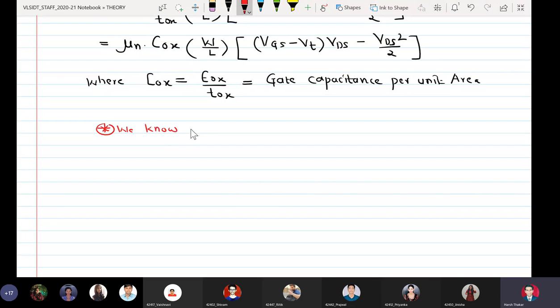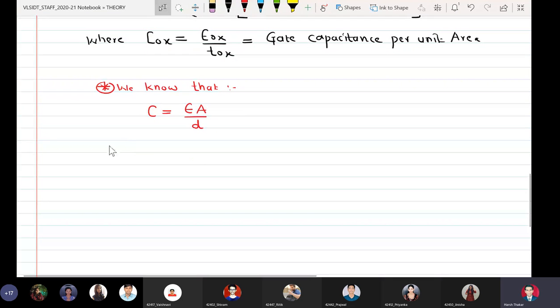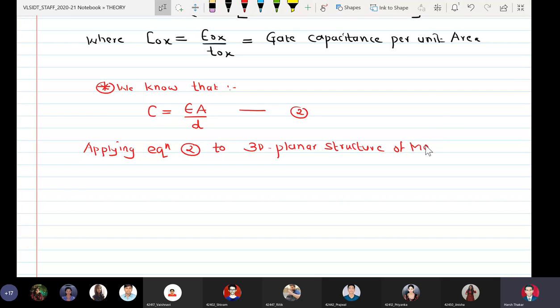We know that capacitance C is equal to epsilon A upon D. Okay, and applying equation number 2 to the 3D planar structure of MOSFET, we can say gate capacitance Cg is equal to epsilon ox into W into L upon T ox.